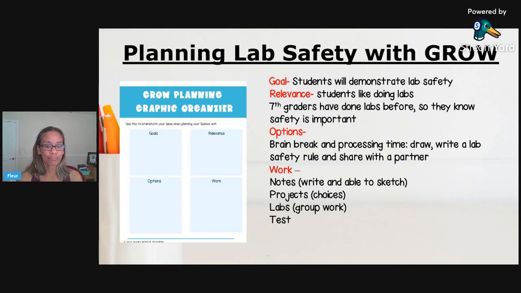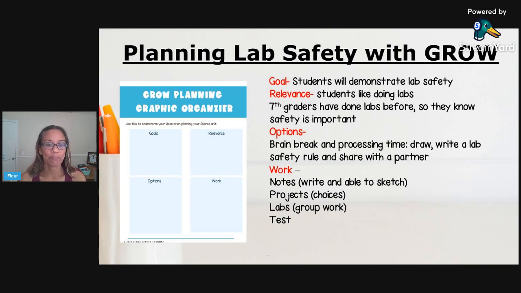All right. Let's go ahead and talk about lab safety. So science, lab safety. If you got the ultimate bundle, or if you have the lab safety bundle, we are going to talk about that. Okay. So let's go ahead and use GROW for our lab safety unit.